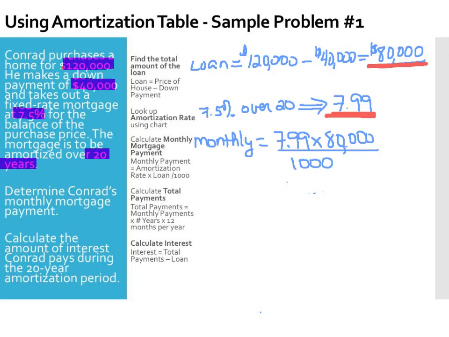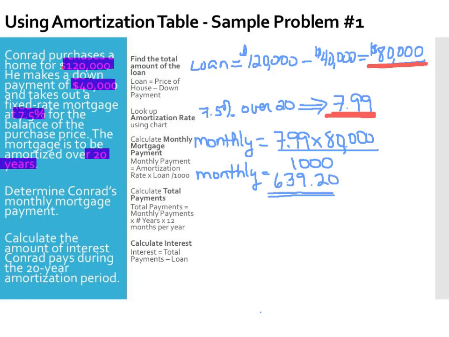The reason we're dividing by 1,000 is because the amortization rate chart is per $1,000, so we need to divide that answer out by 1,000. So this works out to having a monthly payment, if you use your calculators, of $639.20. So that tells us how much we pay monthly.